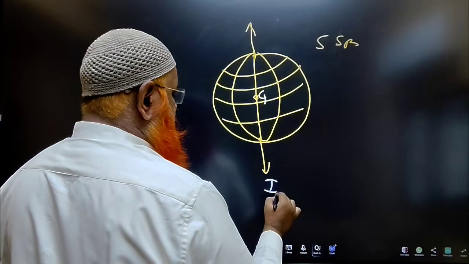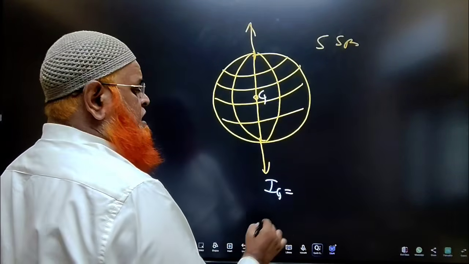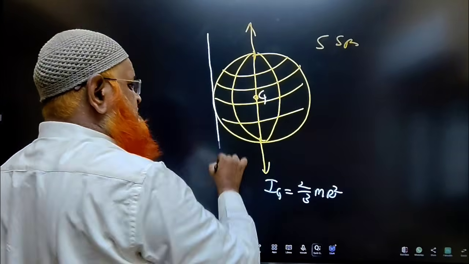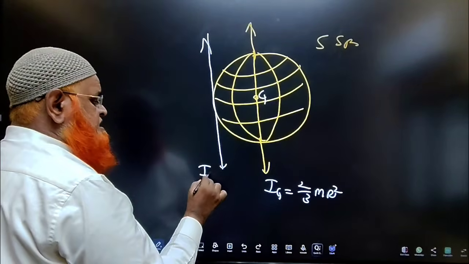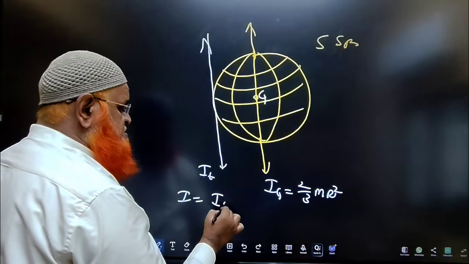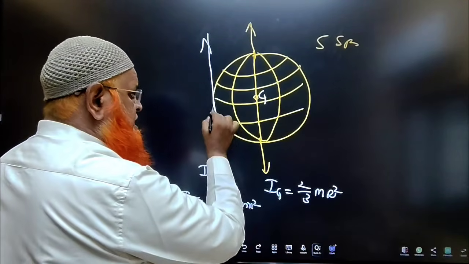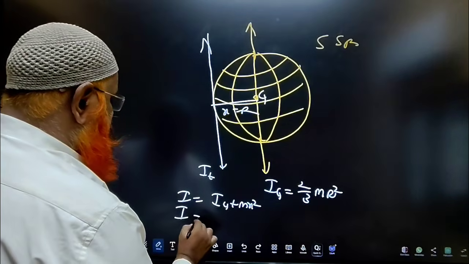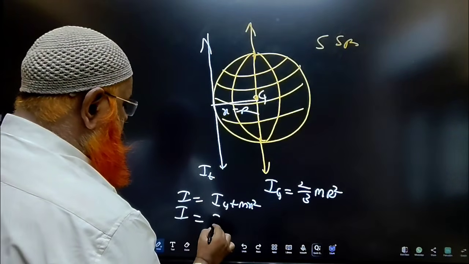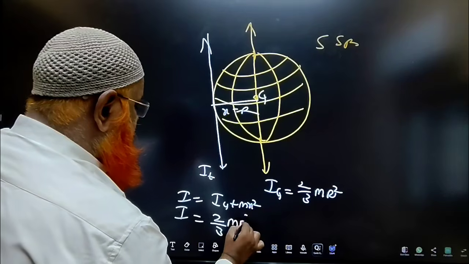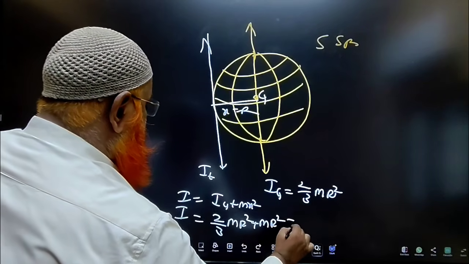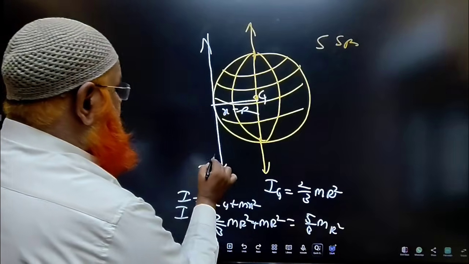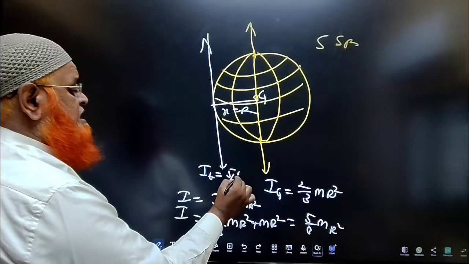For a solid sphere, it is nothing but 2 by 5 Mr square. So you apply some other axis, along the tangent, which is nothing but Ig plus mx square. X is nothing but the radius of the sphere, so we write I is equal to Ig plus Mr square. Ig is 2 by 5 Mr square for a sphere, and this is also Mr square, so your answer is 7 by 5 Mr square along the tangent.